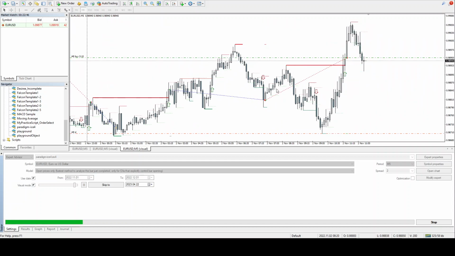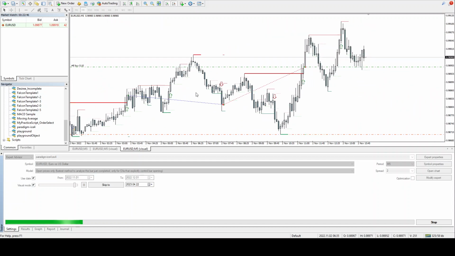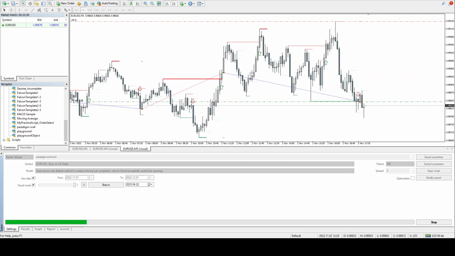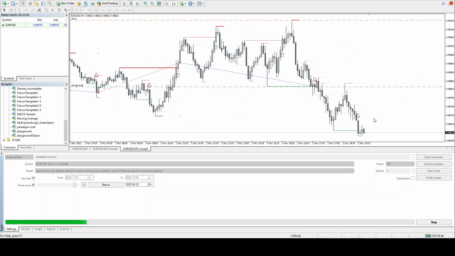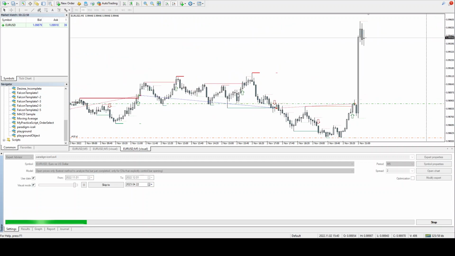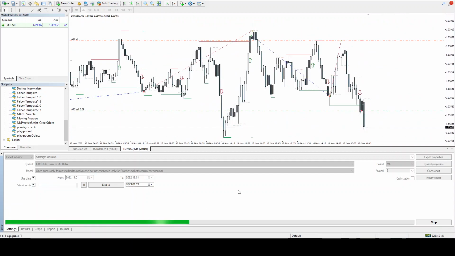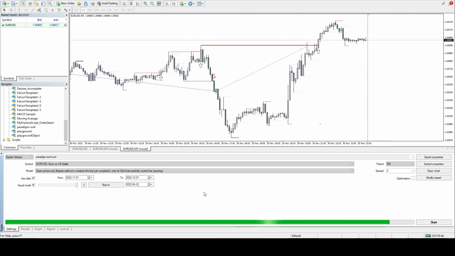So I'm showing you this just so you know what the strategy tester is actually doing. So basically it tries to iterate through all of the candles based on historical price action. So I'm going to fast forward it to just make it faster. So let me go to the result.